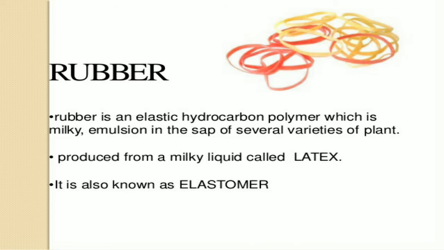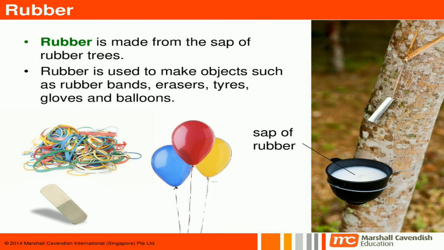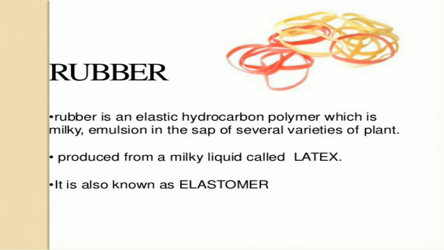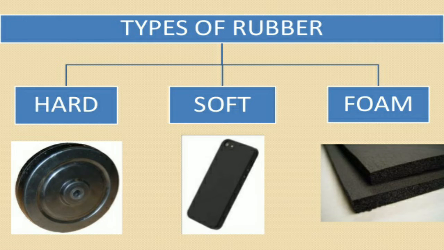So, rubber objects we see are an eraser, rubber bands, balloons, and so many types of toys are also made with rubber, and we call it an elastomer.